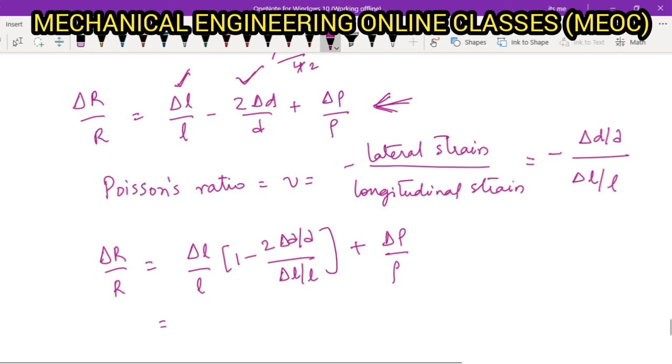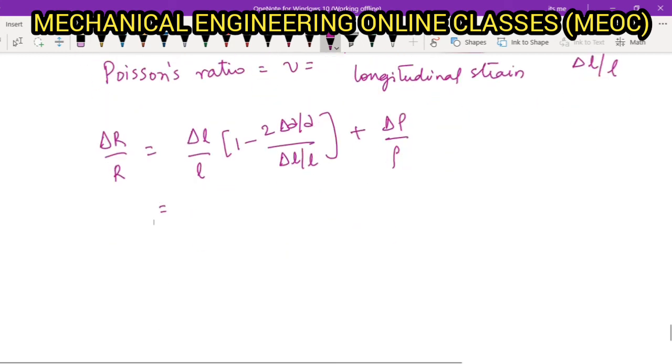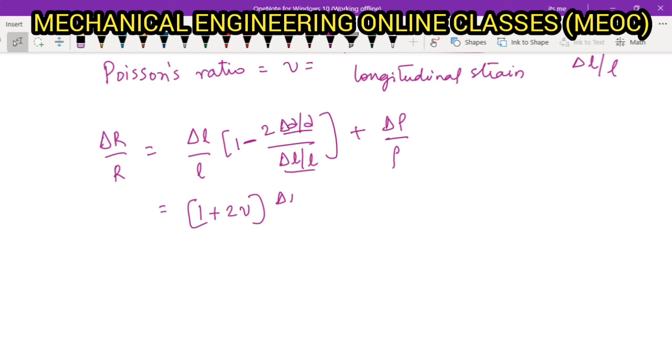So minus delta d by d divided by delta L by L will be nu. So it is 1 plus 2 nu into delta L by L plus delta rho by rho.